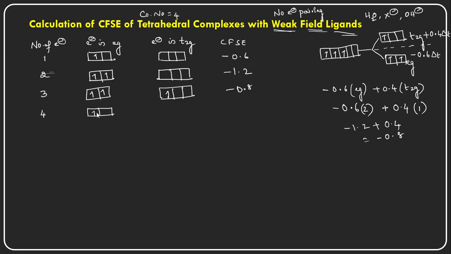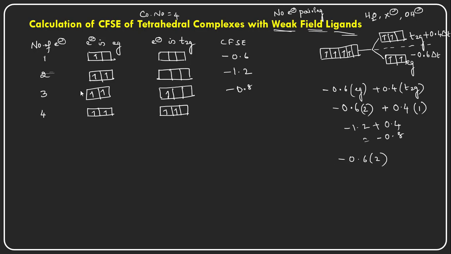And now if the 4 electrons are present, where will it enter? Similar to the third electron, it will also enter into another orbital of the T2G orbitals. So the T2G orbitals now have 2 electrons, right? So here 2 electrons and here 2 electrons. And once again, let us calculate.